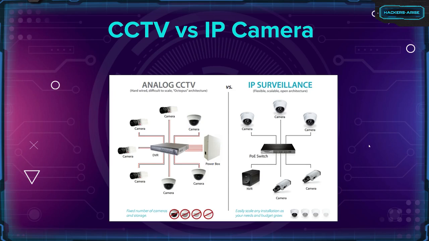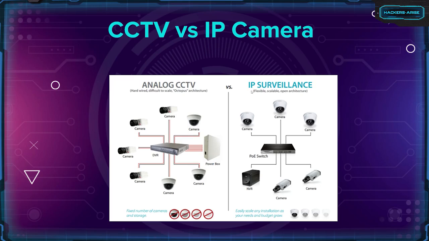Now, in a modern system, IP surveillance, and in some cases, the analog CCTV is not necessarily obsolete. A lot of companies still use them. In some ways, they are more secure, right? Once you put something on the internet and anybody can reach it, then all kinds of things can happen.